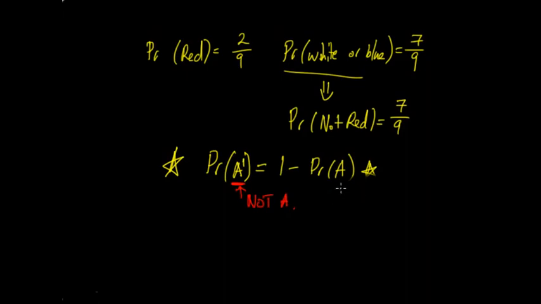So, where does this formula come from? Well, think about it. Here, 1, we talked about it before, that's certainty. And then you're minusing the probability of A. So, if you're thinking about any outcome, if you say the probability of something happening is 20%, the probability of it not happening is 80%. And that logically makes sense because we're assuming for these outcomes that the event is going to occur.